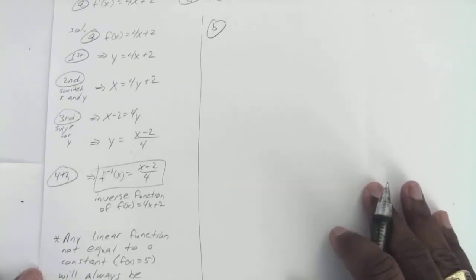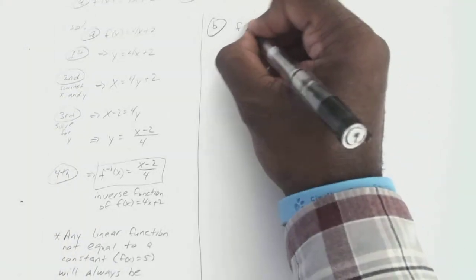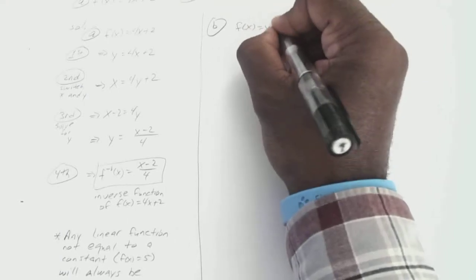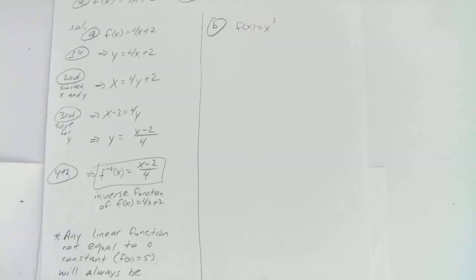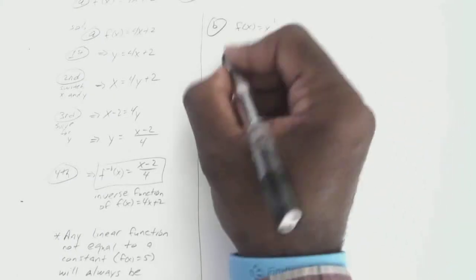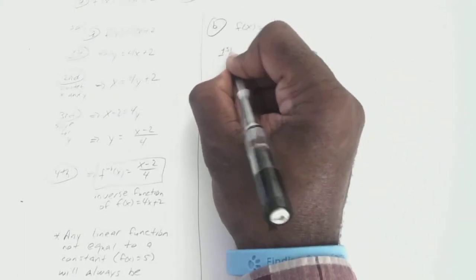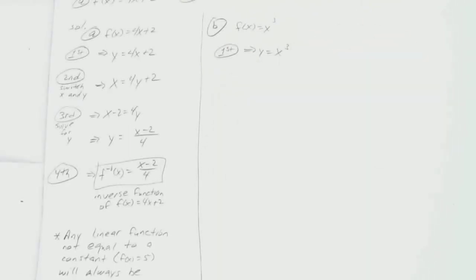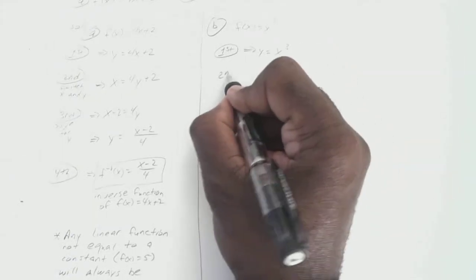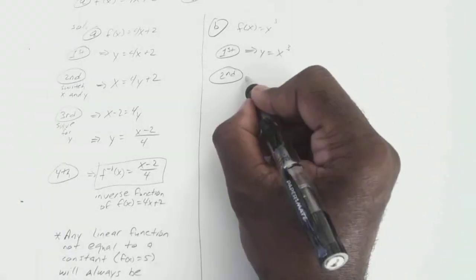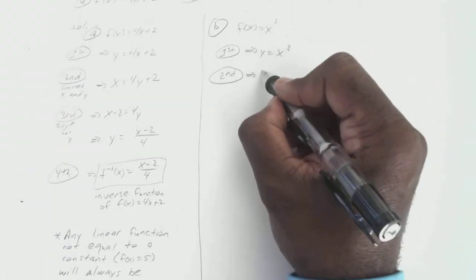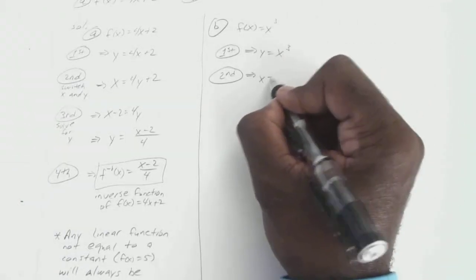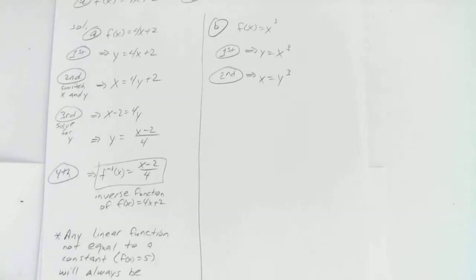Okay. Now for b, f of x equals x to the third. In your first step, you're going to replace that with y. Now your second step, you're going to switch x and y, so we have x equals y to the third.